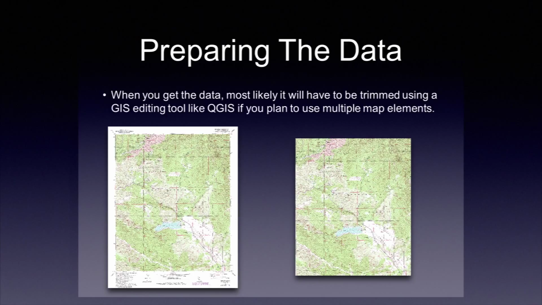What we want to do though is take a chunk out of this so we can mosaic this stuff across our map without the borders. And to do that, that's where QGIS comes into play. The next thing I'm going to do is tell you how to prepare the data for this.